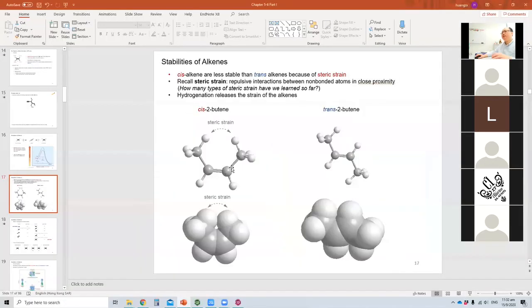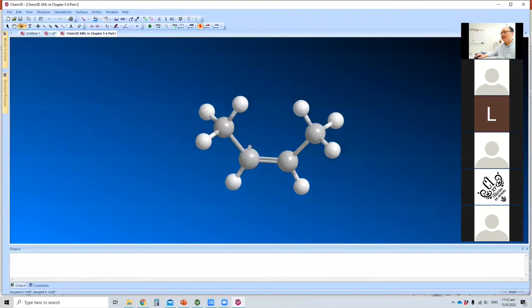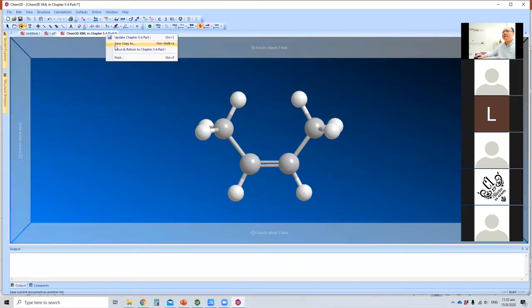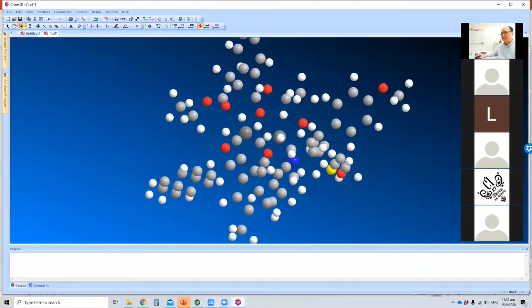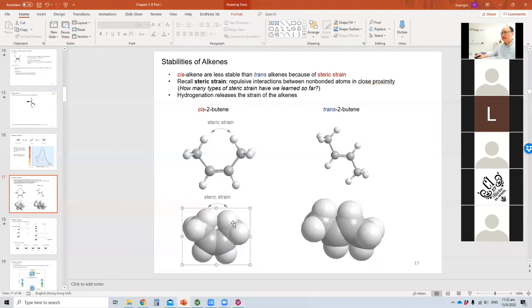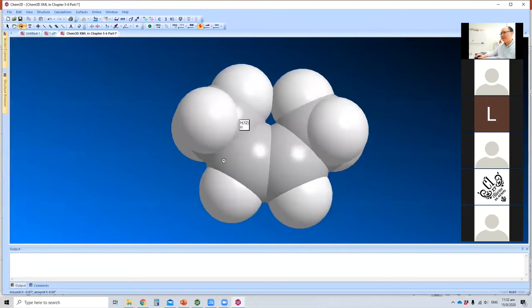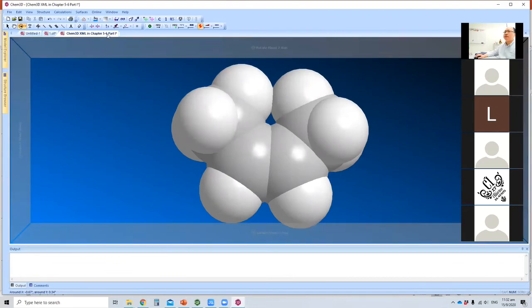So I can show you this in 3D. You can see because this is cis, these two hydrogens are close to each other. Another one is a space filling model, which represents the actual size of the atoms. You can see, oh, they are clashing with each other. For this cis double bond, these two hydrogens are close enough to clash with each other.